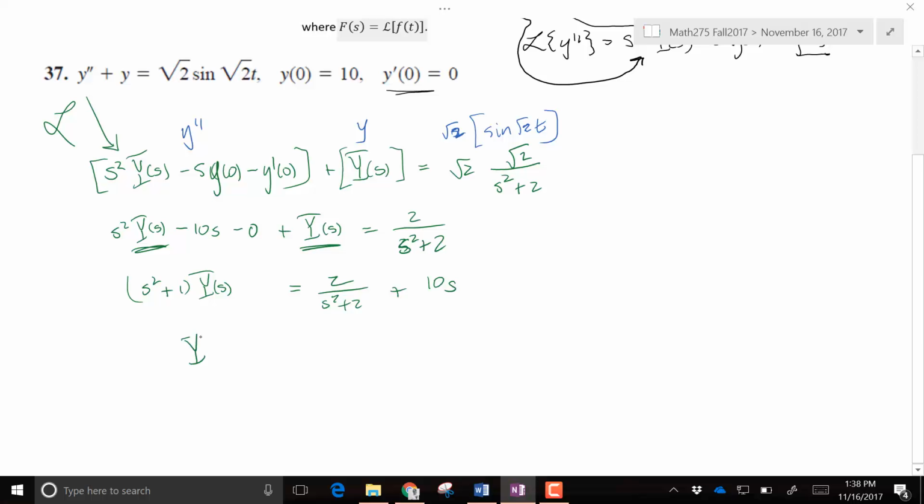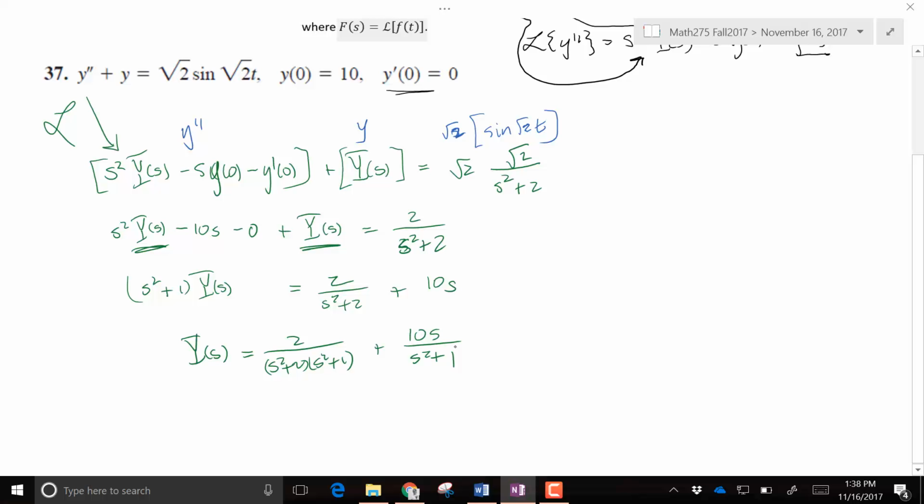We got y of s is equal to 2 divided by s squared plus 2 times s squared plus 1, plus 10s over s squared plus 1.